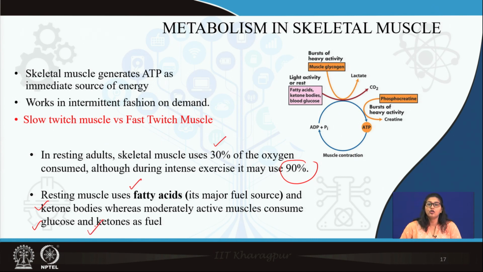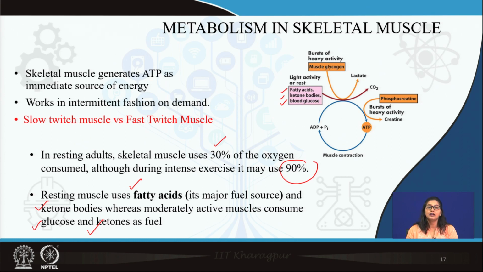Now, you can see that when there is light activity, these are our substrates, but when there is a burst of activity, these substrates are depleted very fast. Not only that, the ATP requirement in fast acting muscle or intense muscular activity can be raised so much that the supply of oxygen or glucose from circulation cannot meet the requirement at par with the intensity of the requirement.